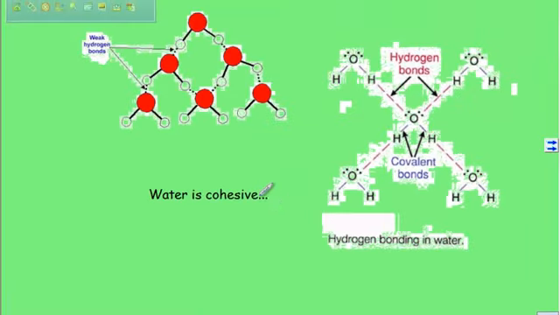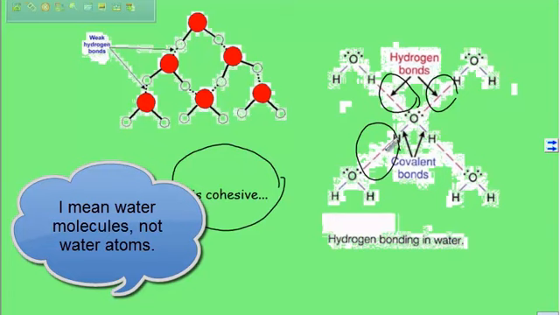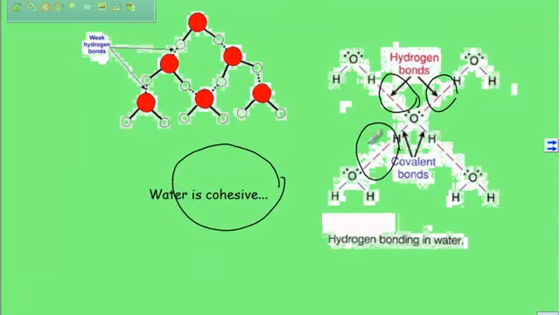Water is cohesive. What does that mean? Bond itself. Cohesive, yeah. So it sticks to itself, and it does that because it's got hydrogen bonds in there. So we're not talking about intramolecular bonds, we're talking about intermolecular bonds, right? That hydrogen bond is between adjacent water molecules.